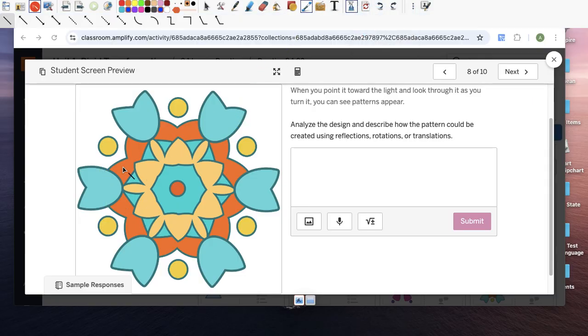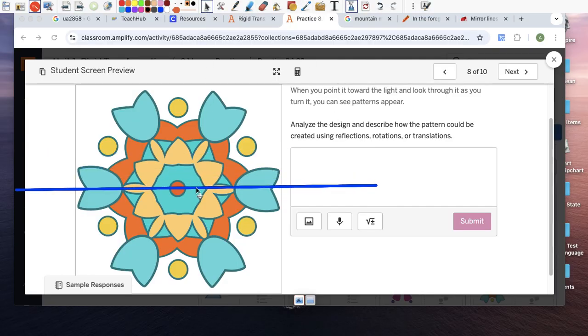How about this one? Can we say that there is a mirror right there? And then if you were to fold the paper horizontally, is that a line reflection? Are this and this mirror images of each other? Is this face over here a mirror image of this guy here?